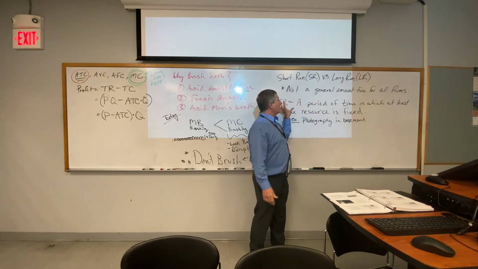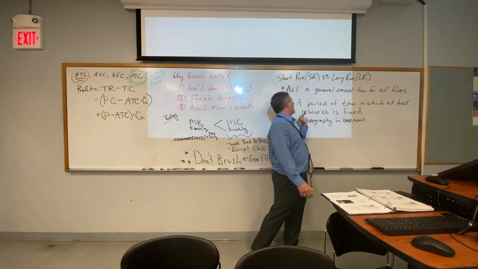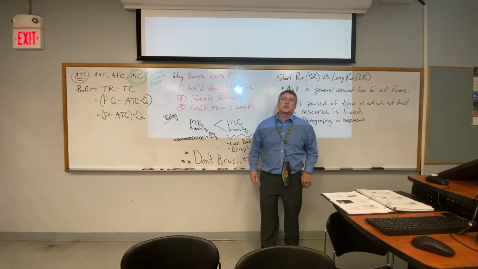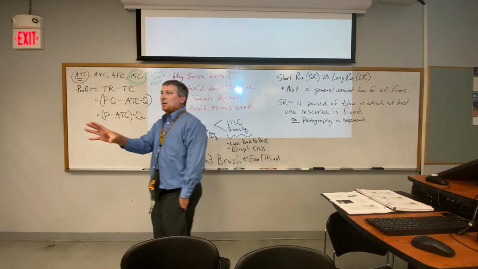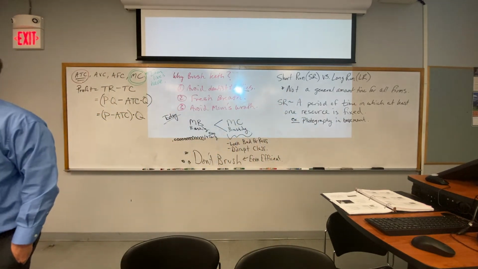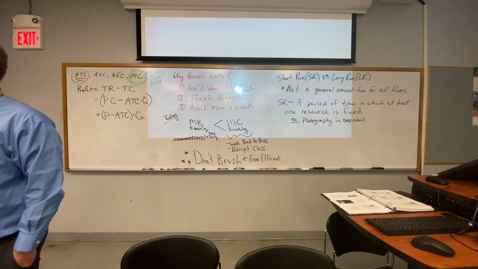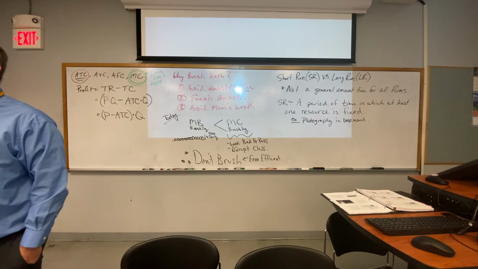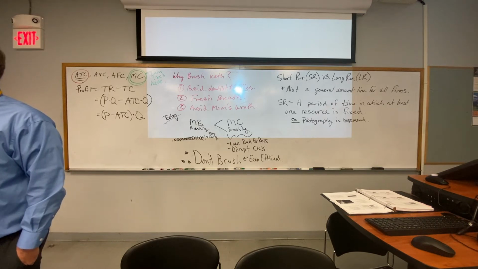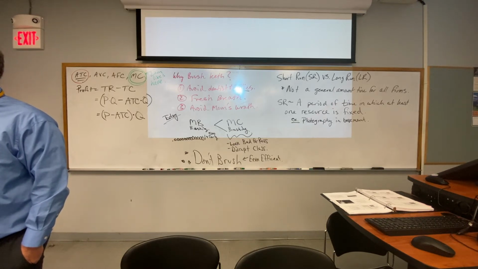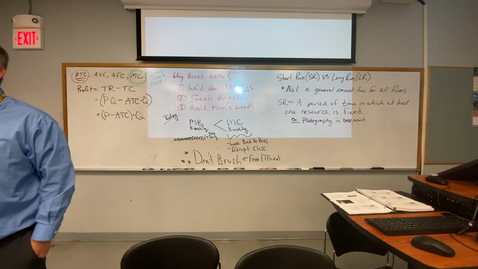So the short run for our photographer is a period of time in which at least one resource is fixed. Of all the things we just talked about, how long would it take you to get another one of those? How long would it take you to get another umbrella, another light, another camera, another computer, another SD card?